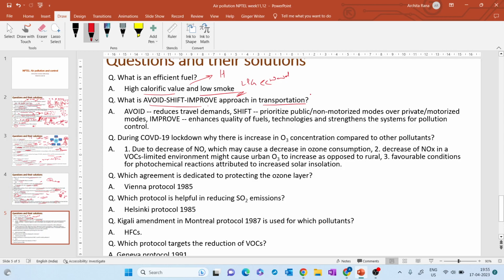Third is improve. Improve means that if you are not following this public transport option, then improve the quality of fuel you are using, do the pollution control, avoid overspeeding, all of these things. So use better technology for pollution control. So it's simple. Next is this COVID lockdown thing.